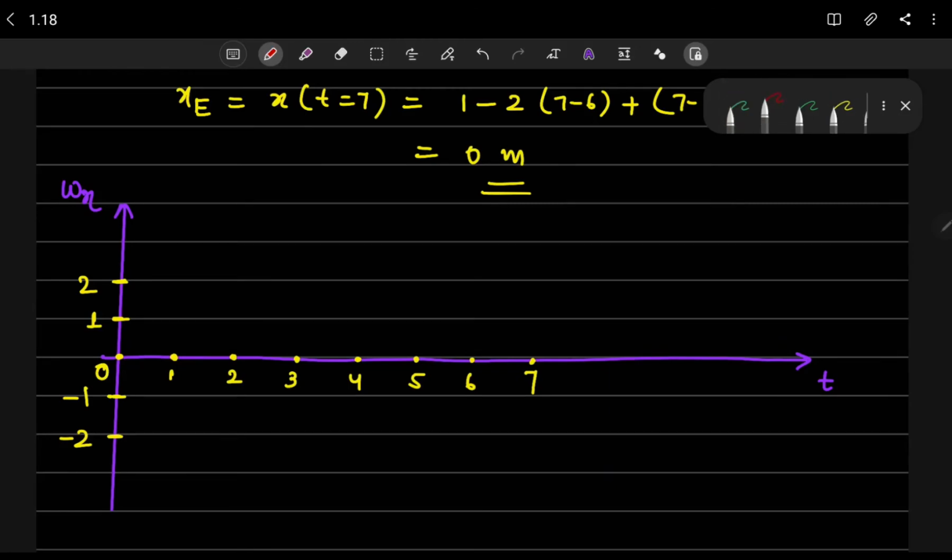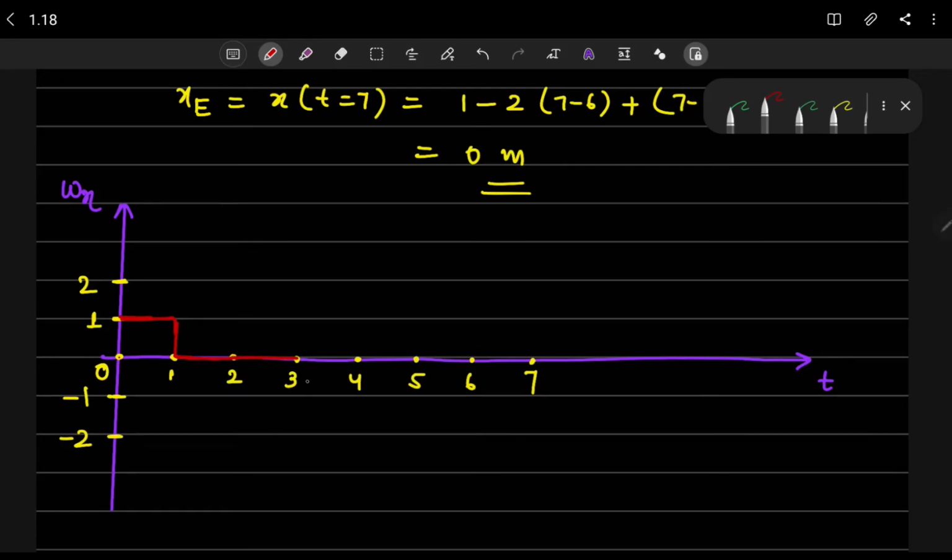Okay, in the region A to B, that is from t is equal to 0 to t is equal to 1, the acceleration is 1 meter per second square. Okay, and in the region B to C, the time is from t is equal to 1 to t is equal to 3, and in that region the acceleration is 0.